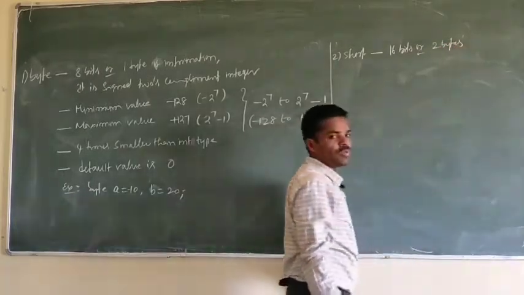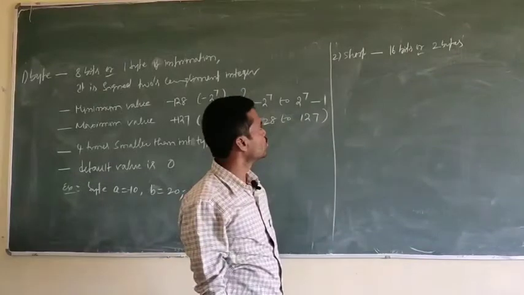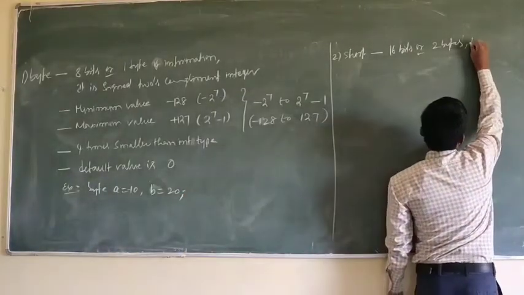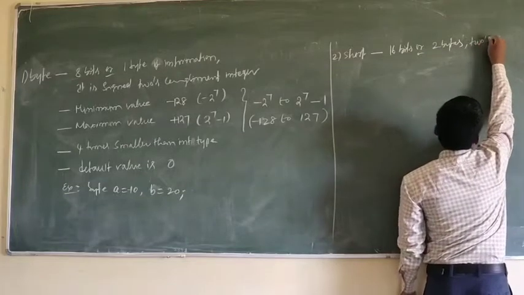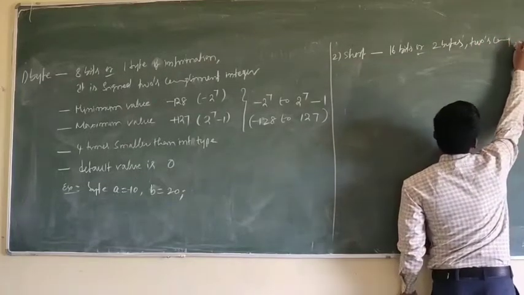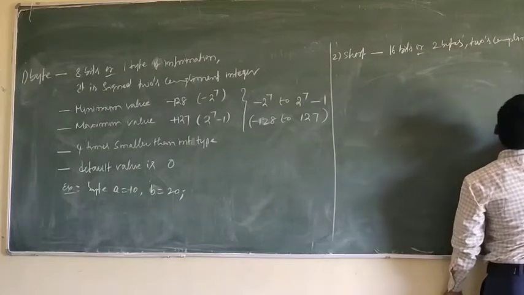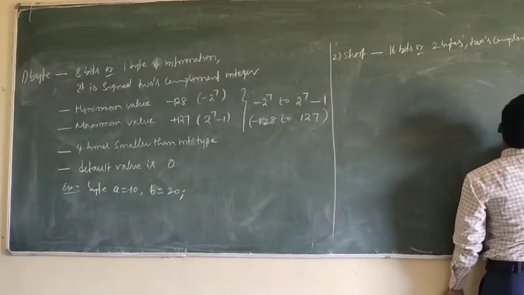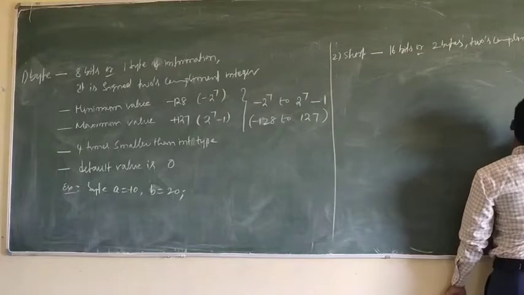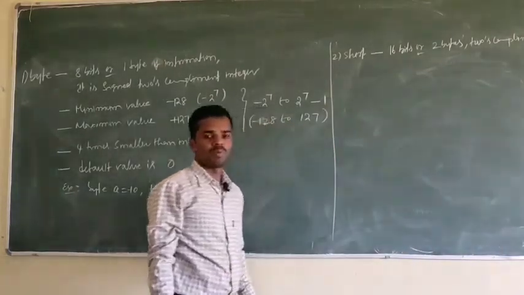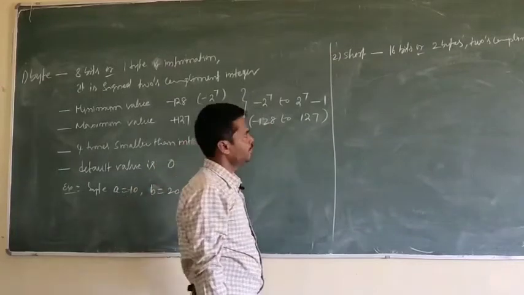We store 16 bits or 2 bytes of information in the short data type, and it is a 2's complement integer type. It can also store 2's complement signed integer types.